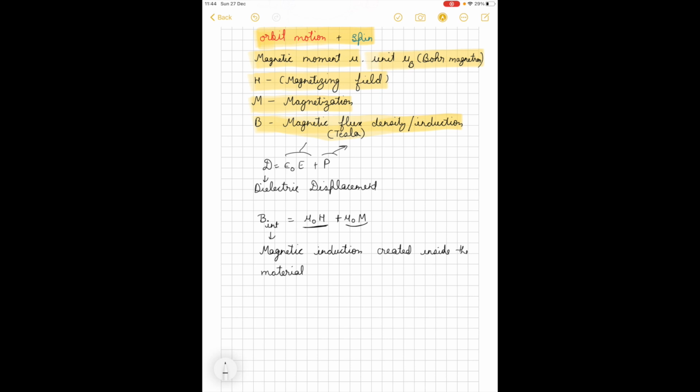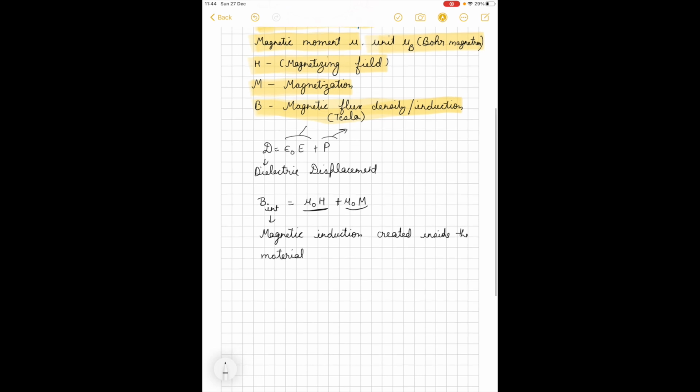Here the mu naught is called the magnetic permeability of free space. The naught, or you can say 0, denotes the free space part, the vacuum, like last time. So I'll write it down: magnetic permeability of the free space.